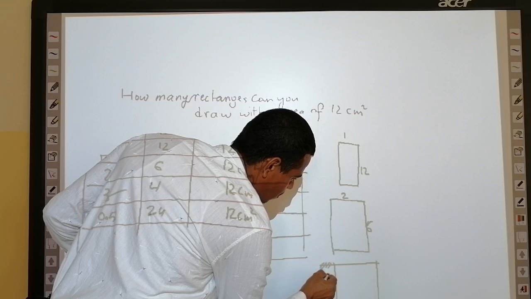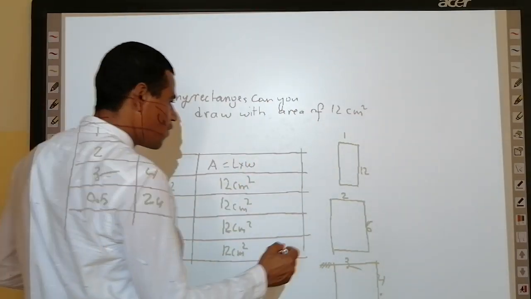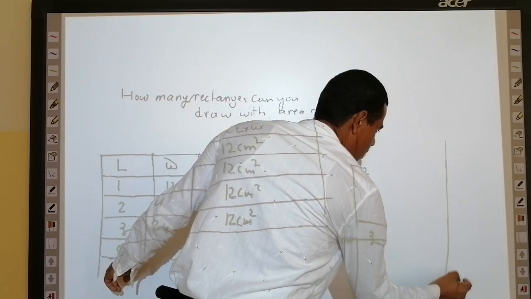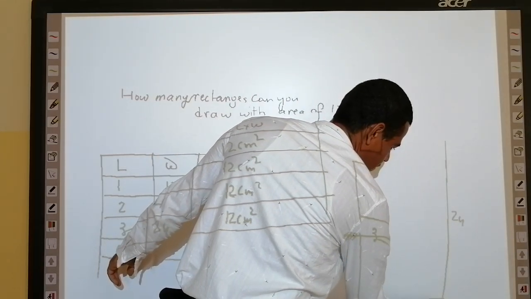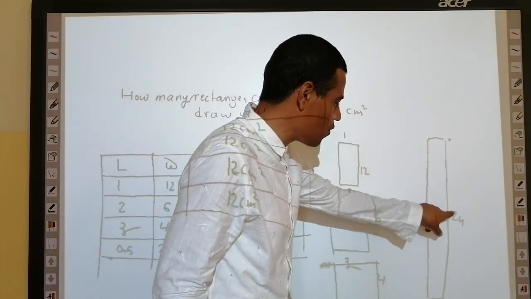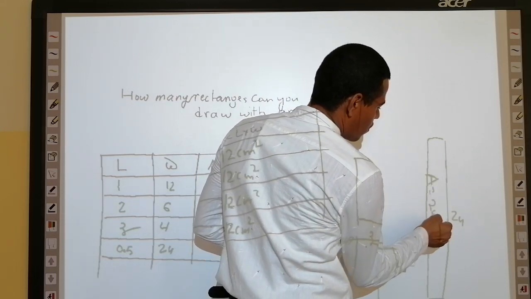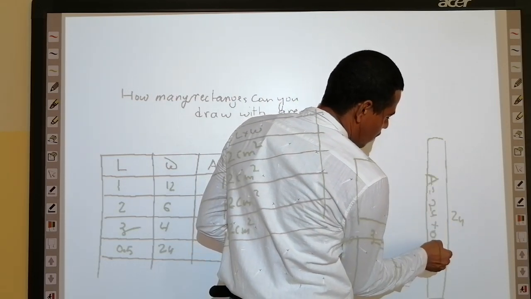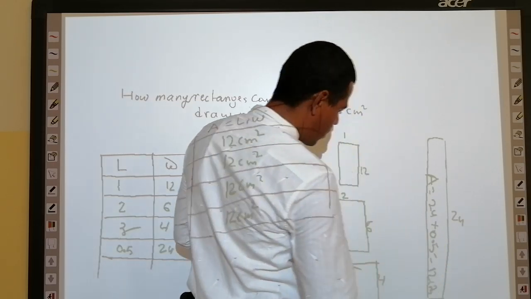And 0.5, 24: this is 24, and this is 0.5. So 24 multiplied by 0.5 gives 12 centimeters squared.